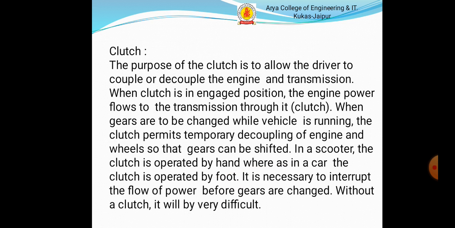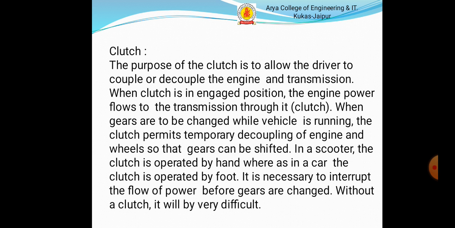Clutch. The purpose of the clutch is to allow the driver to couple or decouple the engine and transmission. When the clutch is in the engaged position, the engine power flows to the transmission through it. When gears are to be changed while the vehicle is running, the clutch permits temporary decoupling of the engine and wheels so that gears can be shifted.